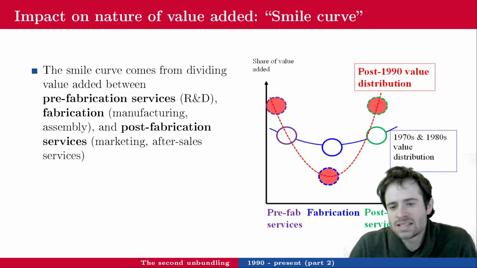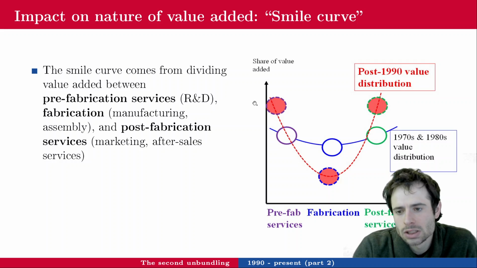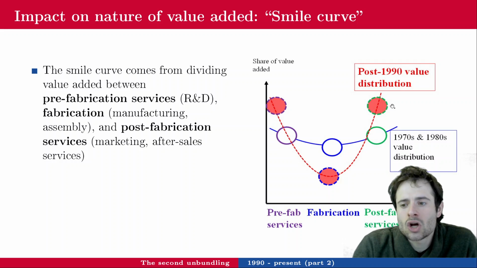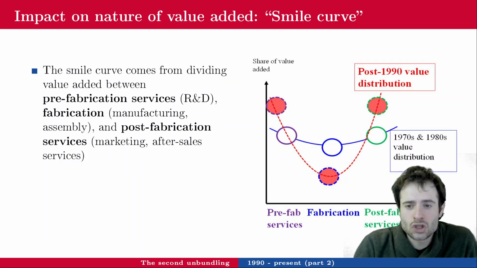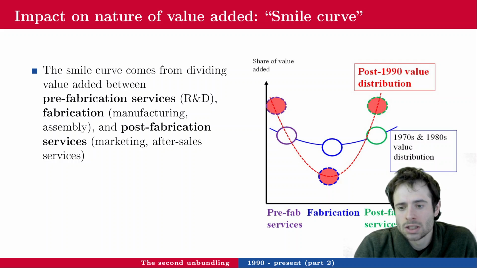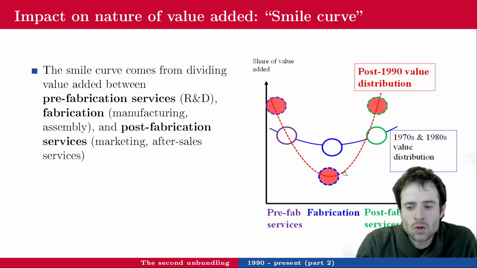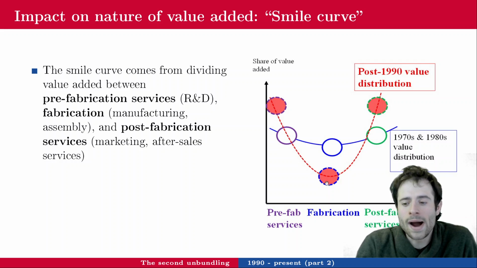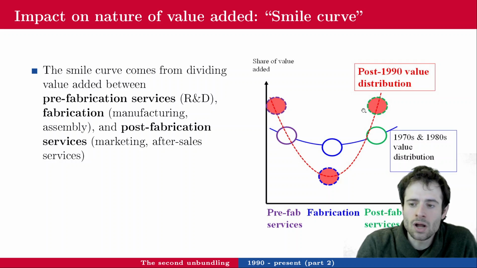And so the idea is that after the 1990s, with a reduction in the cost of manufacturing, in particular coming from exploiting cheap labor abroad, the share of value added between each sector changed dramatically. The actual manufacturing process, the fabrication, decreased a lot, while the pre and post fabrication services increased a lot.